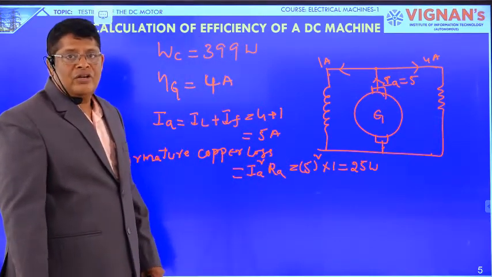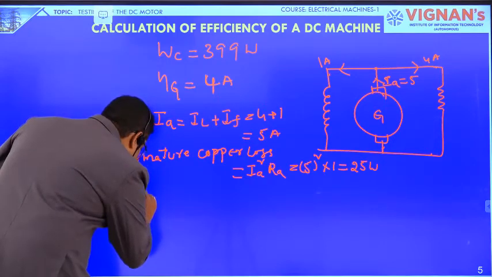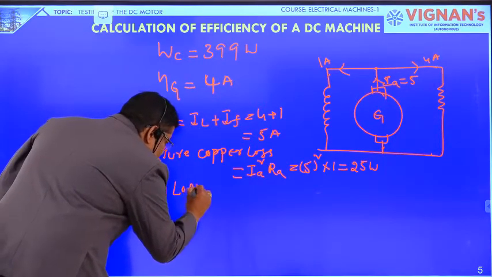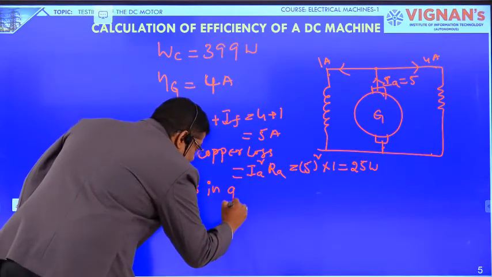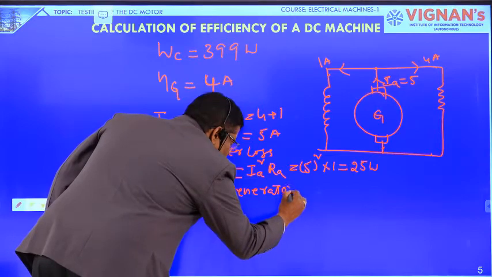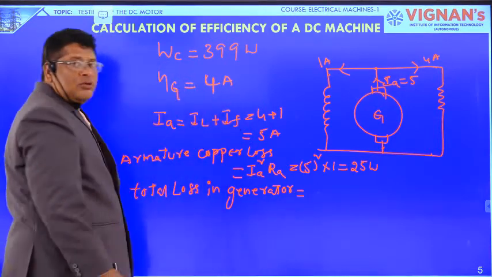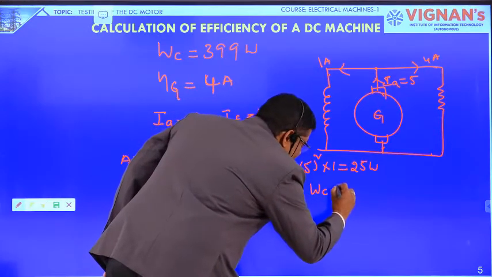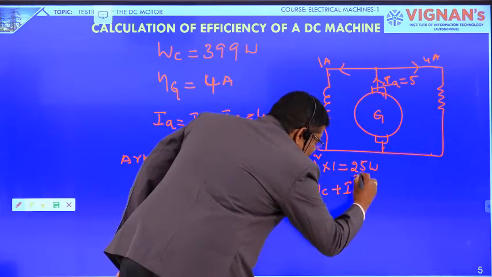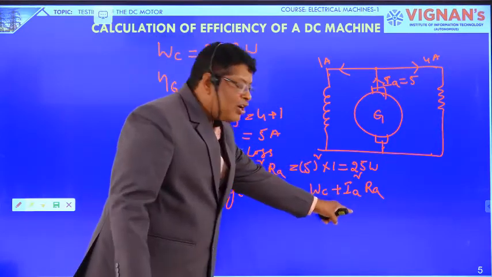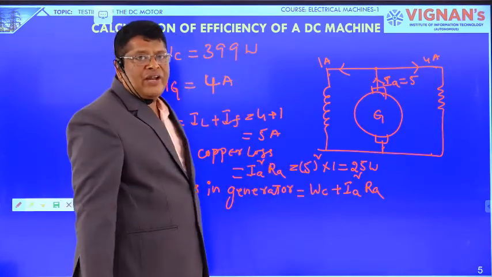Now the total losses in the generator. Total loss in the generator is equal to the constant losses Wc plus Ia squared Ra, nothing but the armature copper loss at this value of current.